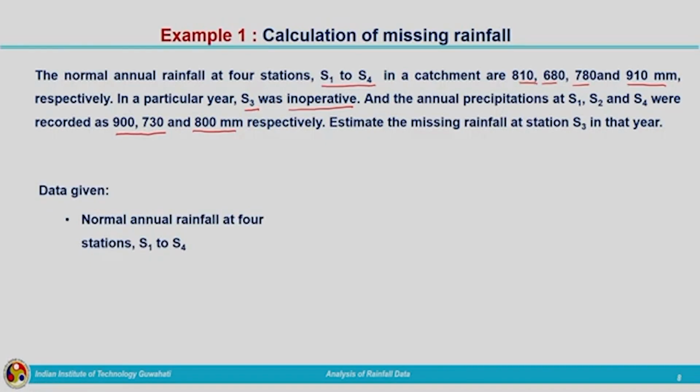So, which are the data given? The normal annual rainfall at 4 stations S1 to S4 are already given to us. One year of rainfall data is missing at station 3.